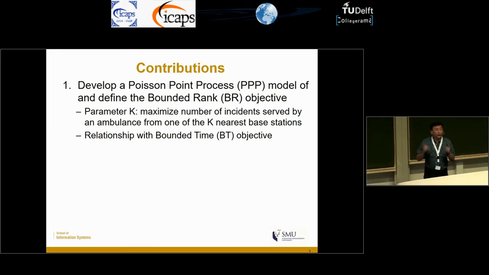If you set k sufficiently small, and you can guarantee on your map that for a given value of k, the travel time from the k nearest base stations to any incident would always be less than a given response time, then you actually meet the response time target as well. So it is an indirect way of dealing with bounded time. But the advantage of having this bounded rank is that it is easy to compute, like I say. And the greedy algorithm actually gives a very nice property, which I'll explain a little bit later.